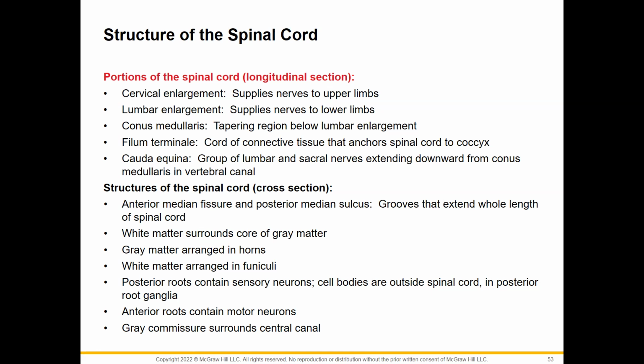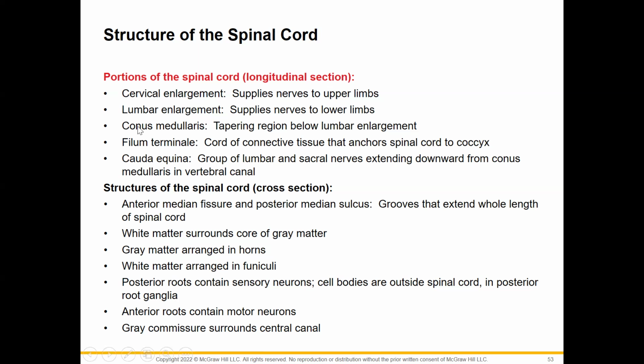All of that takes extra nerve innervation. And so the spinal cord is enlarged in those areas because you have more of those nerves leaving the spinal cord to give you all of the fine movement and feeling that you have in your upper and lower limbs.